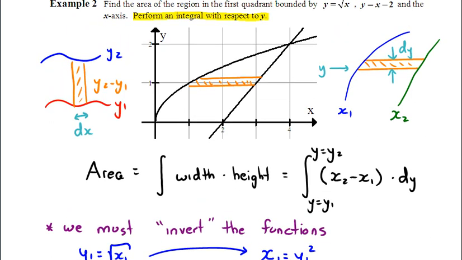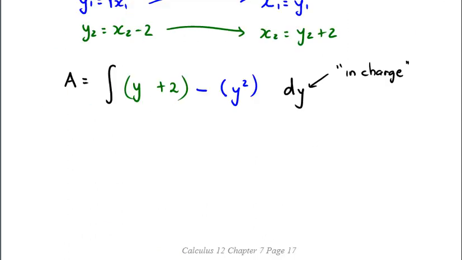The lowest one would be down here at y equals 0. And then as you elevate up, the last one will be up here at y equals 2. Since y is in charge, we integrate from there to there. So yes, there's a price to be paid. You had to invert the functions, but now it's one integral, and we can be done pretty fast.